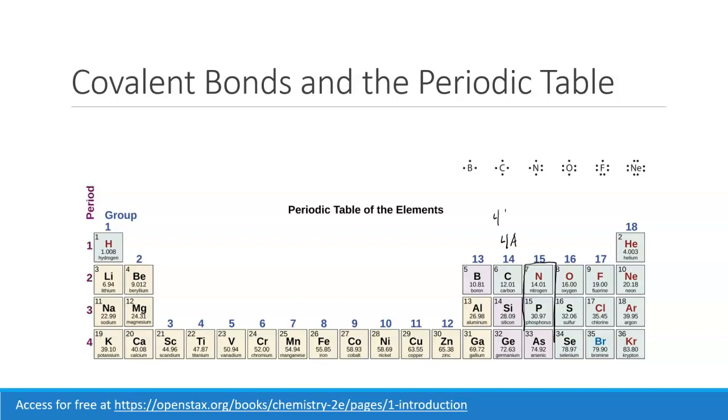So remember, this was 4 bonds. Nitrogen was 3 bonds. Oxygen, sulfur, and selenium, those will form 2 bonds. And then your halogens, 1 bond. Okay, again, because the valence electrons or the electron dot structures are similar in each group.